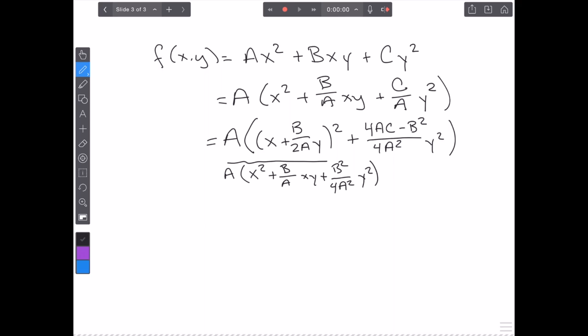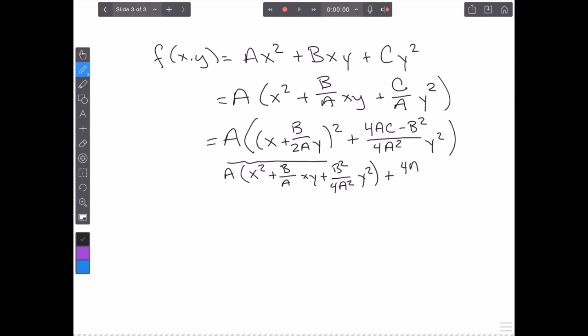And then over here you can see that this last part of the term, this minus b squared over 4a squared, is actually going to cancel out the third term in this. And so let's go ahead and add all that back in.